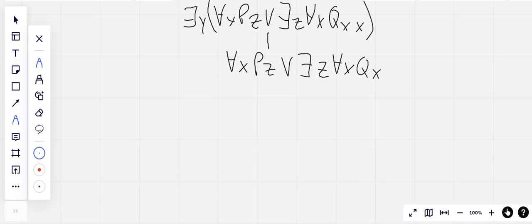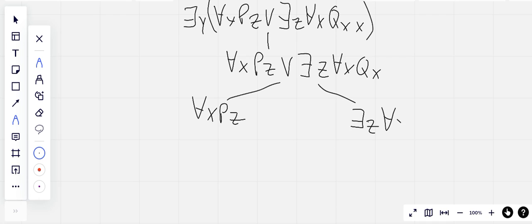Next up, we have this disjunction as the overall connective, because we remember that we treat quantifiers basically like negation in terms of priority. So the next thing is this disjunction. So we'll split off into for all x Pz, and there exists a z such that for all x Qxx.